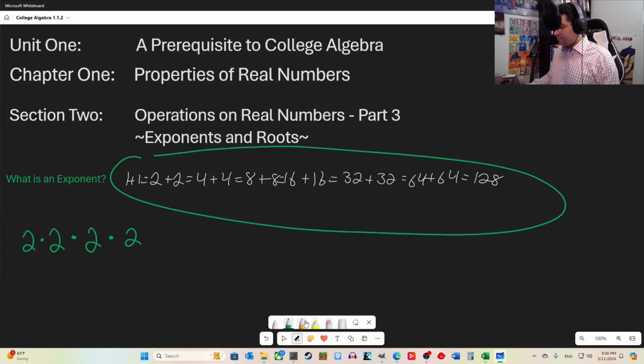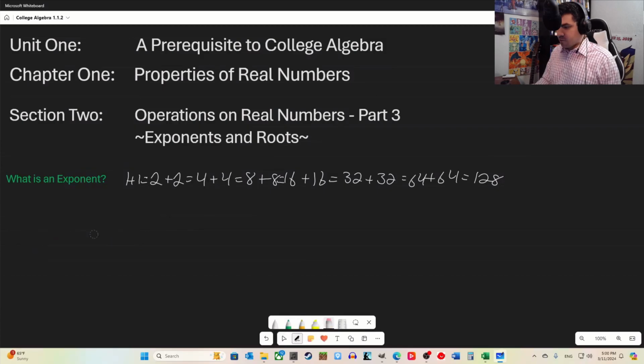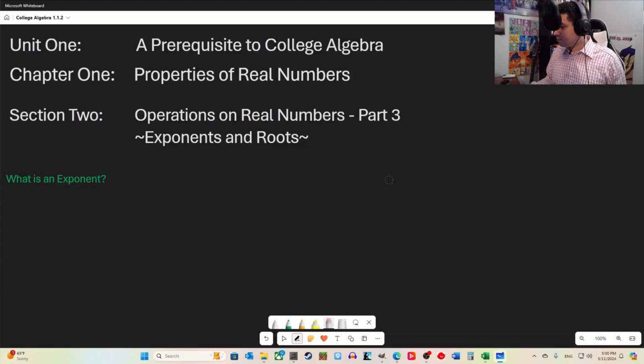So, for example, let me erase some of this because I don't want to scroll down just yet. If I said 3 times 3, we know 3 times 3 equals 9. But there's a special way of writing that. I could write 3 to the second power equals 9.